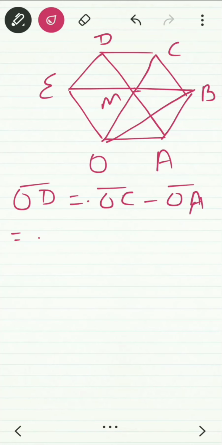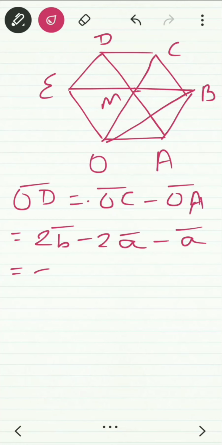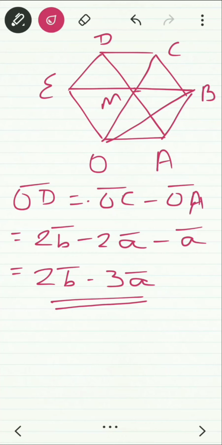So OD becomes 2B minus 2A and OA is minus A. So thus it is 2B minus 3A. So thus we have represented D in terms of A and B. OD is the position vector of D.